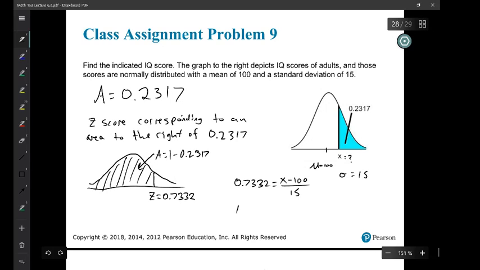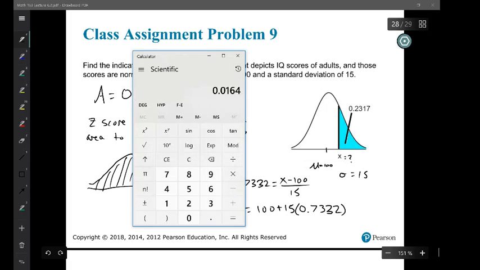So with some algebra, we can get x equals 100 plus 15 times 0.7332. So 15 times 0.7332 plus 100.